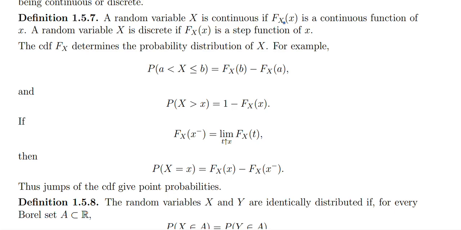A random variable X is continuous if F of X is a continuous function of x.